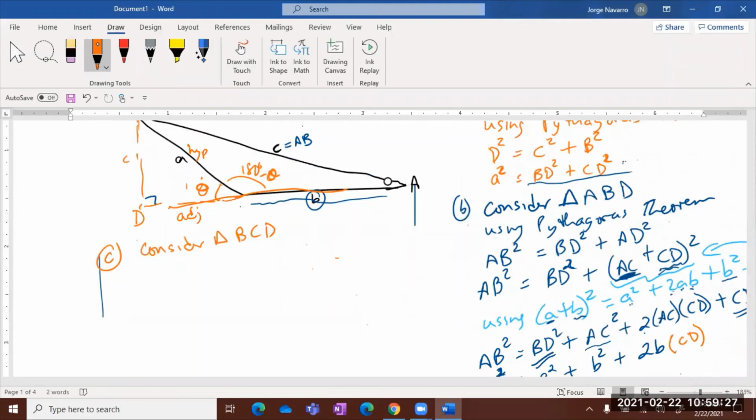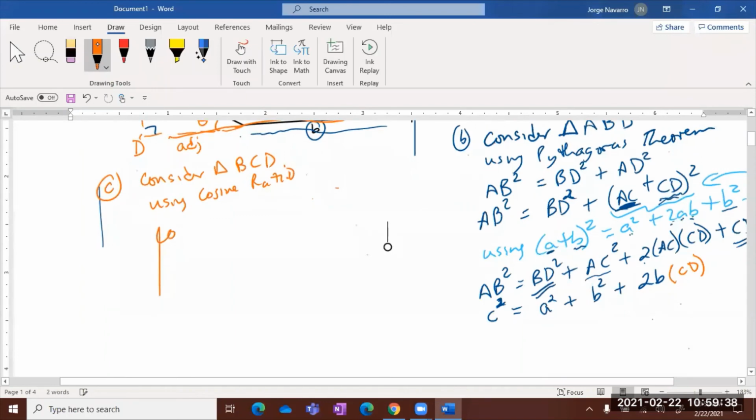Cosine. So I'm going to be using the cosine ratio, and the cosine ratio says that the cosine of theta is adjacent over the hypotenuse.